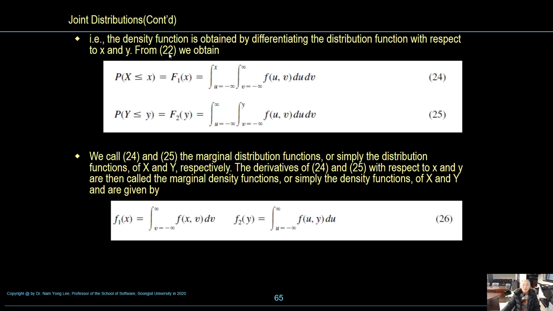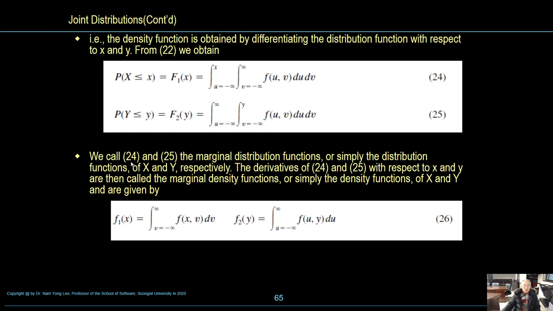From formula 22 we obtain the probability of X, F1(x), which is equal to the double integral of f(u, v) du dv. The probability of Y, F2(y), is likewise the double integral of f(u, v) du dv.